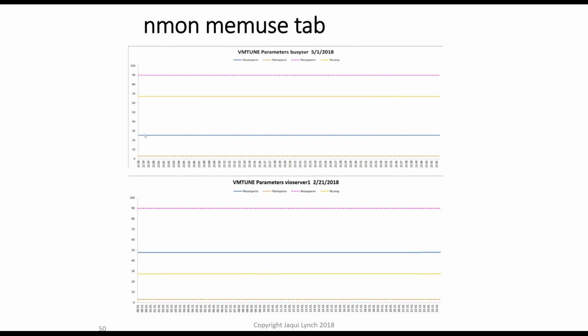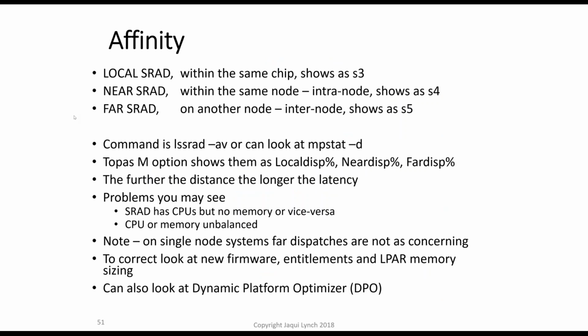The stuff below that, about 25% of the system, is file system caching. You can see my min perm is down here at 3. So most of this is computational, which is what we like. And that, by the way, was from an application server, which should be computational.